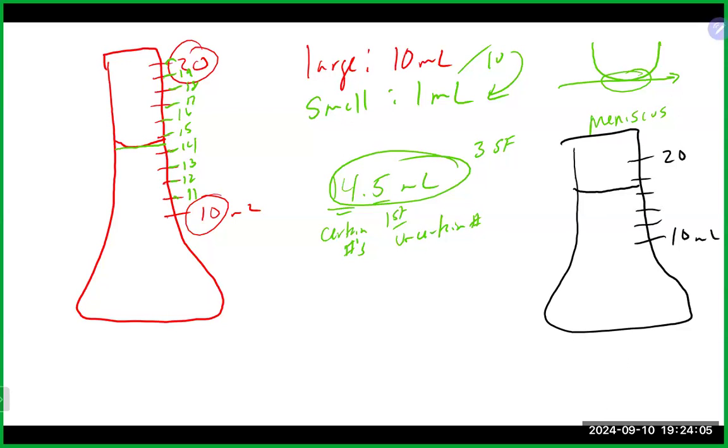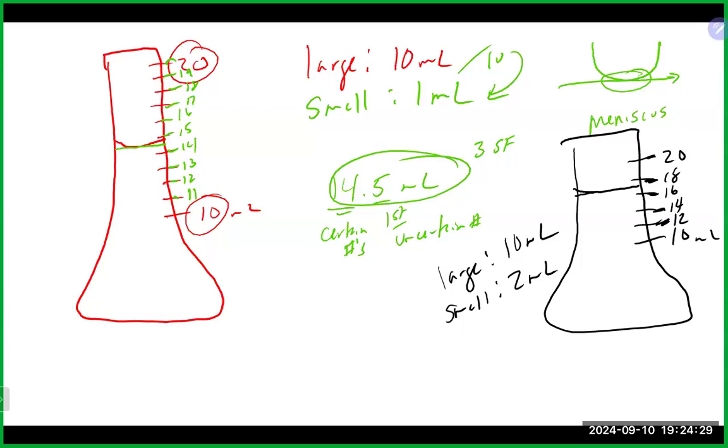In this case, our large markings on this equipment are 10 milliliters. There are 1, 2, 3, 4, and 5 markings between them. That means each of our small markings actually equals 2 milliliters, right? That means this would be 12, 14, 16, 18.